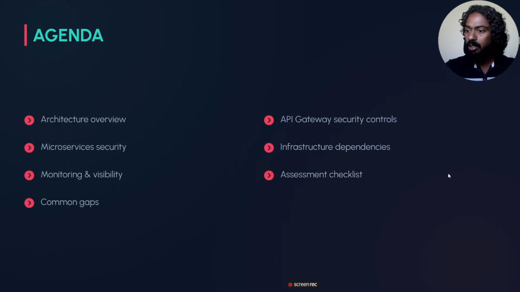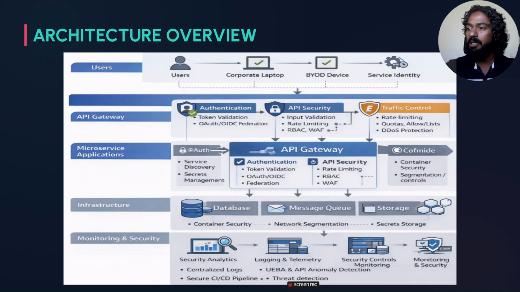So moving on, let's start with the bigger picture here, right? A user sits out somewhere here. It can be corporate devices, your BYOD devices, maybe some automation scripts pretending to be humans. Their traffic hits the API gateway here, right? So this gateway is the bouncer.